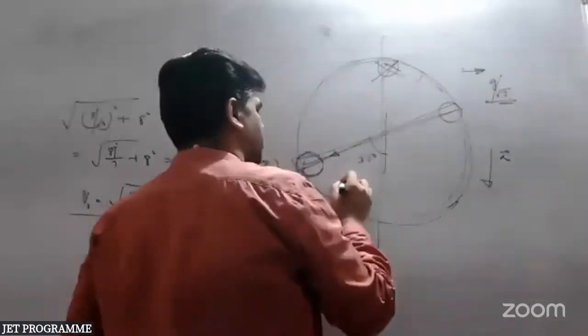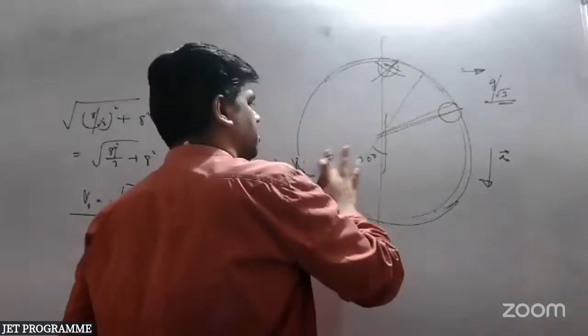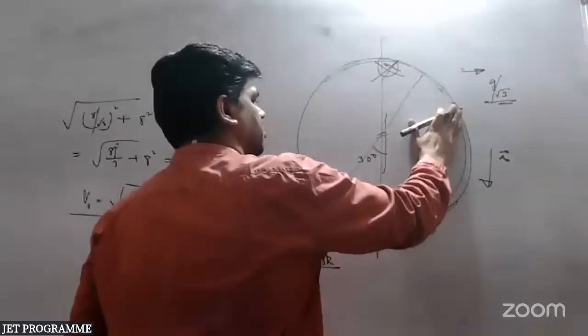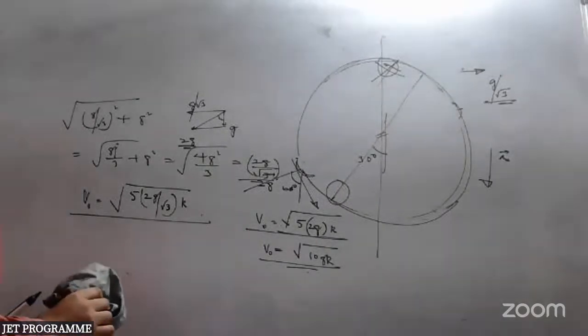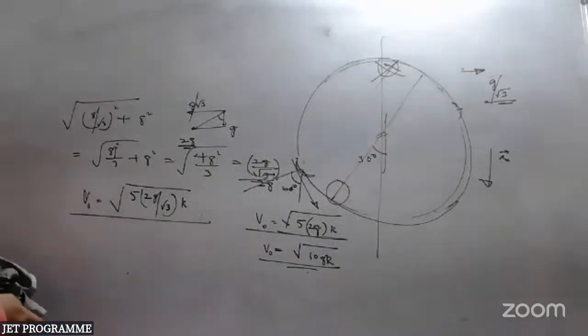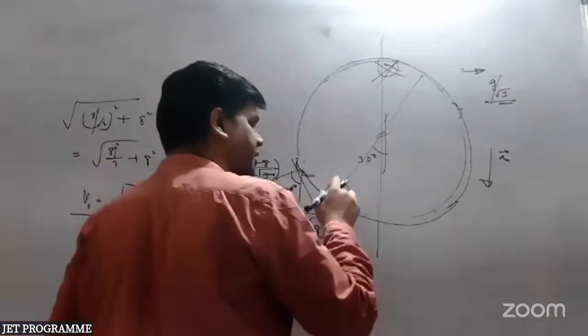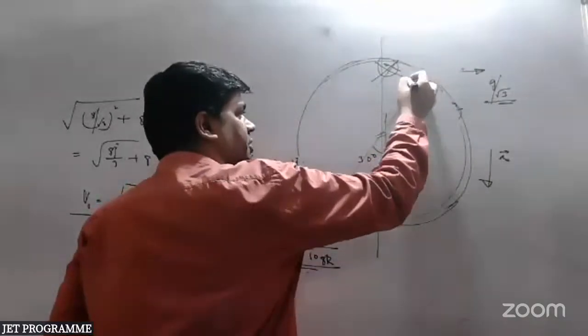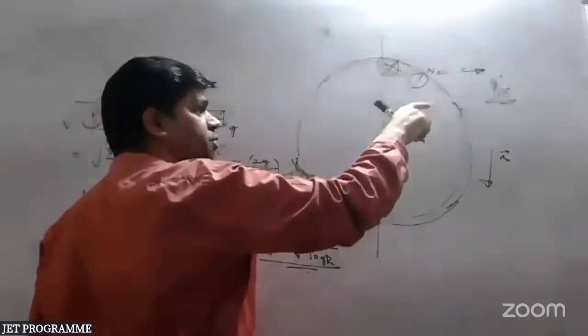Alright, so somewhere here. Asha, now I'm talking about normal reaction. What is the normal reaction over here if it is just looping the loop? I know that normal reaction over here is 0 because it is just looping the loop.